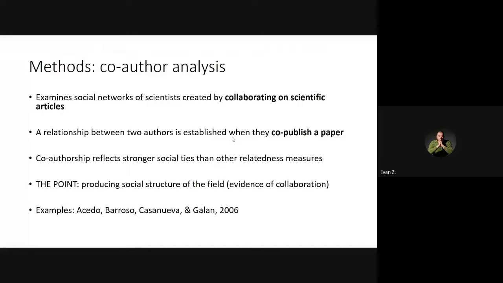And when we aggregate these things, we can basically map the social network structure of a certain field, right? And the collaboration between authors is actually evidence of that social structure.